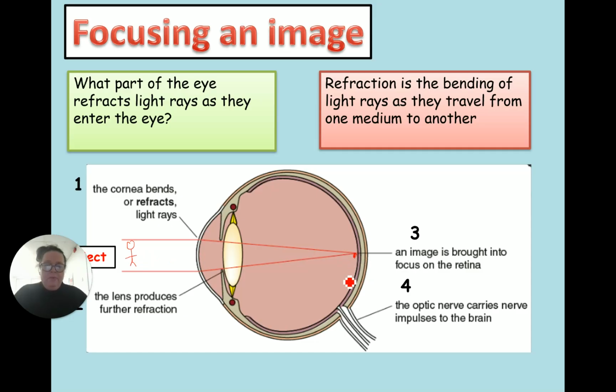And then that image will be taken down the optic nerve to the brain where it's processed and you actually see that image. Obviously it all happens in milliseconds. It's not something we're conscious of.